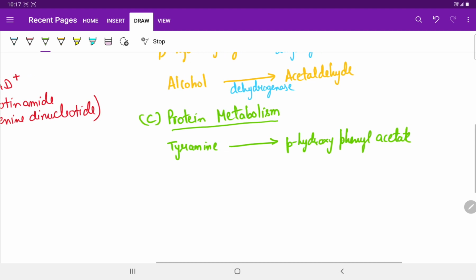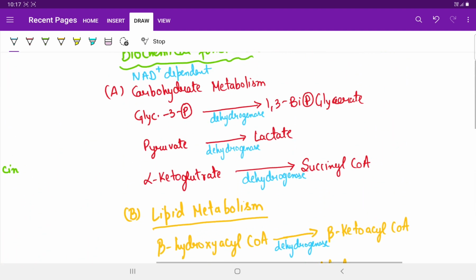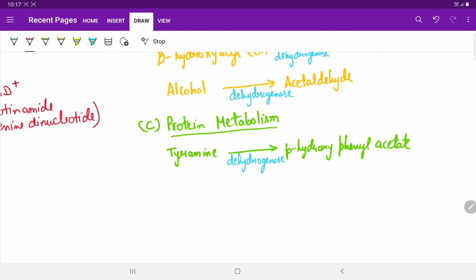Now this reaction is also governed by the presence of enzyme tyramine dehydrogenase. So this is a protein metabolic reaction.